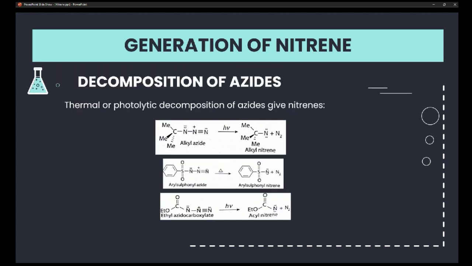Generation of nitrene. Some methods. Firstly, we discuss the decomposition of azides. Thermal or photolytic decomposition of azide can give nitrenes. These are three methods by the decomposition of azide, or we get the generation of nitrene.